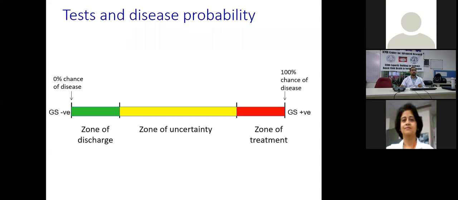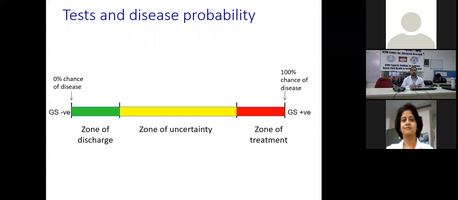So when a patient comes to us for the first time with a set of complaints and items on examination, maybe a few preliminary lab tests which somebody else may have done, you mentally slot the patient on a scale of probability, ranging from 0 to 100% chance of having the disease. Usually, the first time the patient comes to us, the probability of the disease is somewhere in the middle, in a zone of uncertainty.